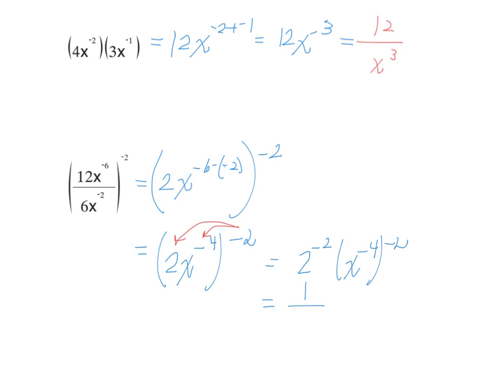Two to the negative 2 is the same thing as 1 over 2 squared. And this is a power to a power, so I'll multiply the exponents. My final answer will be x to the 8th over 4.